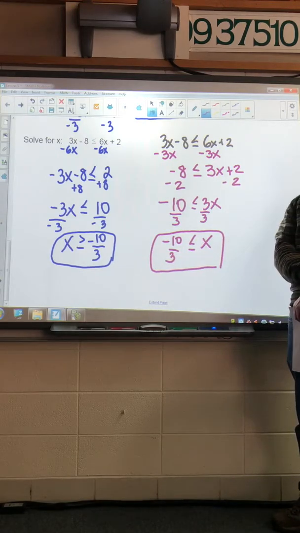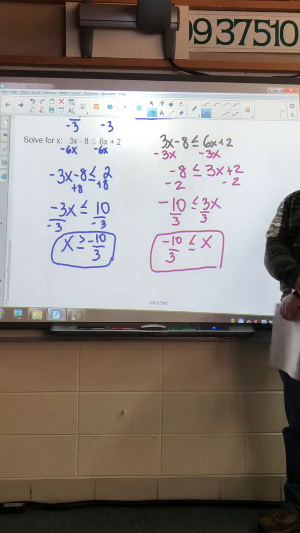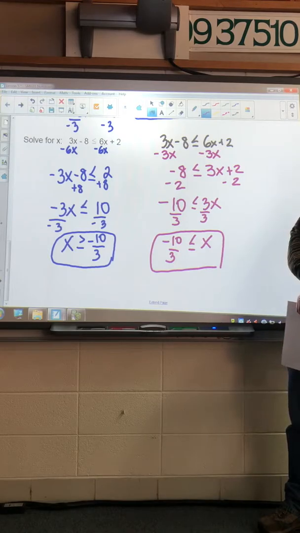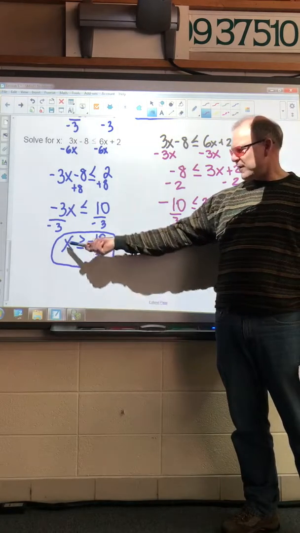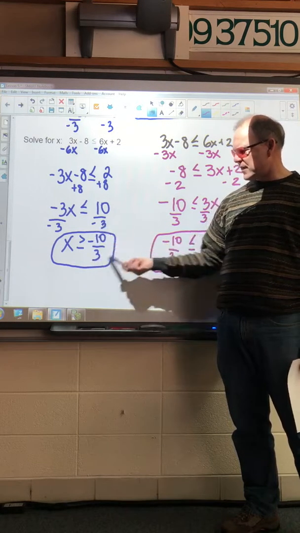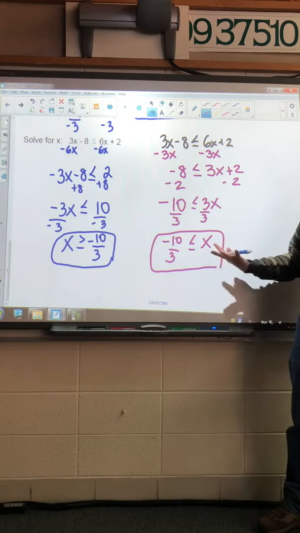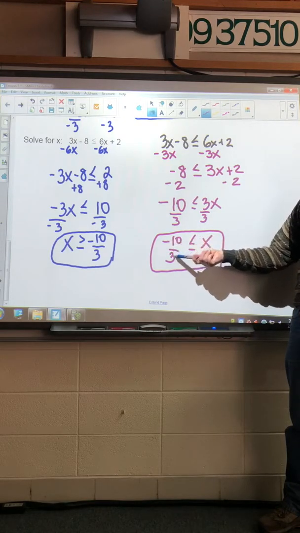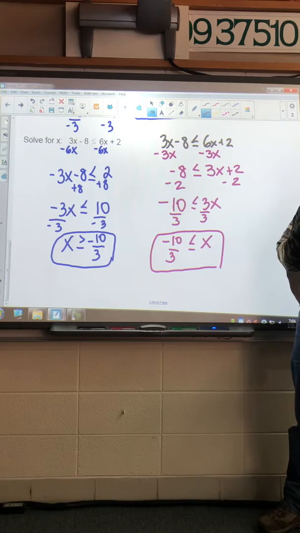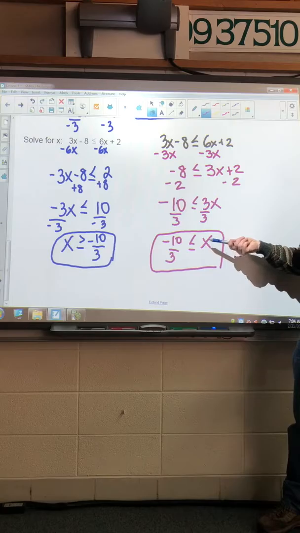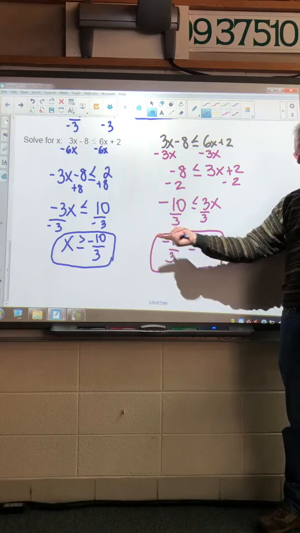So did I get the same answer? Look at these two solutions, are those the same? And the answer is yes, they are. Here we have x is greater than or equal to negative 10/3. Now if I'm reading this from left to right, like you normally read, you'd say negative 10/3 is less than or equal to x. Or you could flip that around and say x is greater than or equal to negative 10/3 if you read it from right to left.